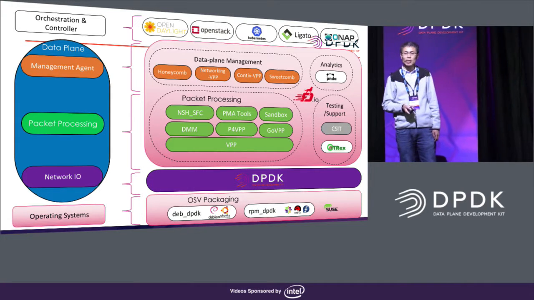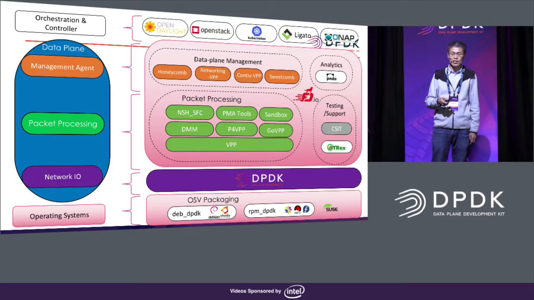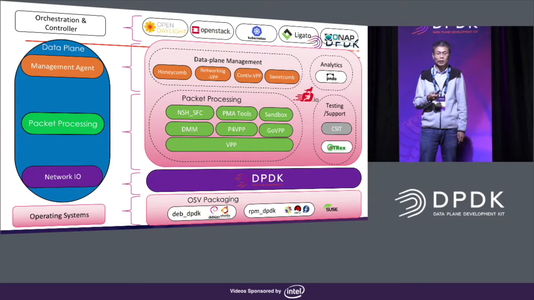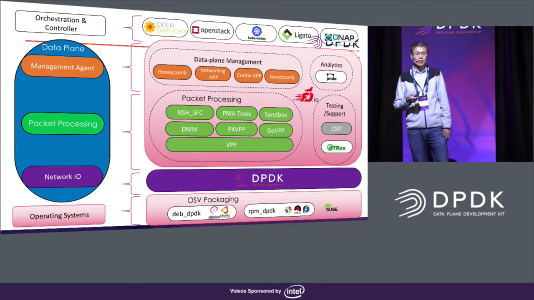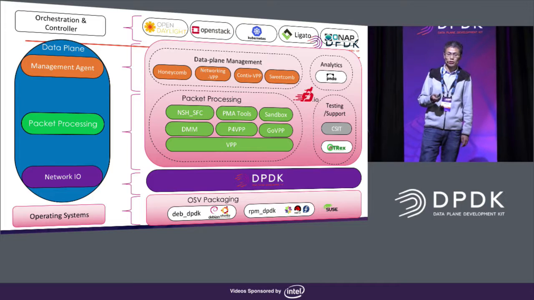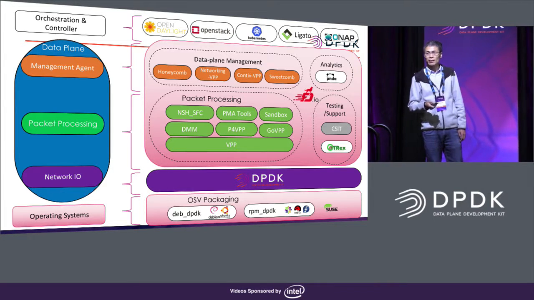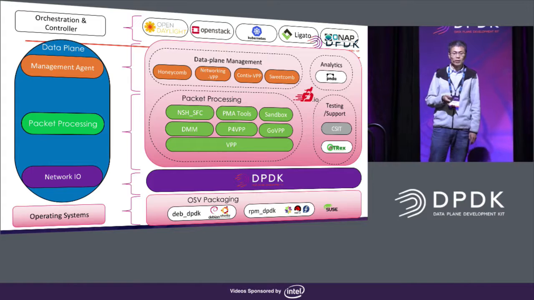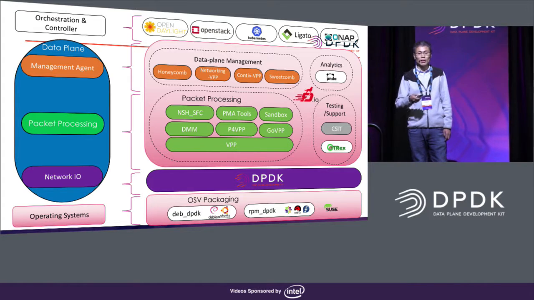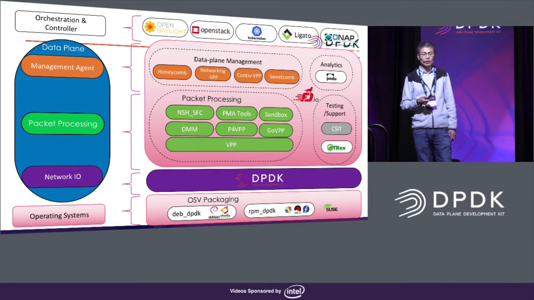And on the management agent side, there are 4 different sub-projects. The first one is the Honeycomb project, which is used to integrate OpenStack and OpenDaylight with VPP. The networking-VPP is used to integrate OpenStack and VPP. And Contiv-VPP is used to integrate Kubernetes, Ligato, and VPP for cloud deployment.